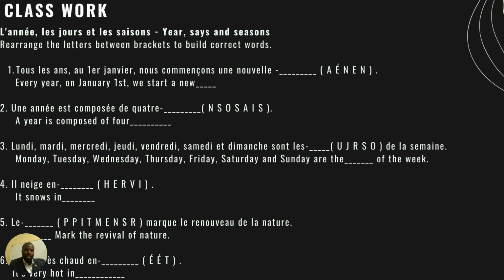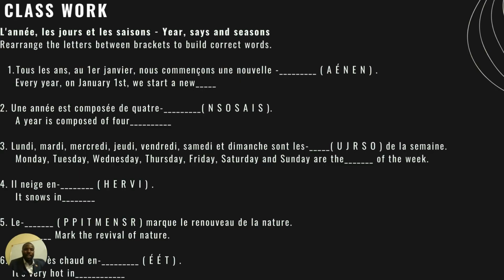We are not sure what exactly about the year. Then premier, like for people who watch football, the Premier League. It's more like the first. Then janvier is January. Then commençons, to commence. In English, commence means to start.